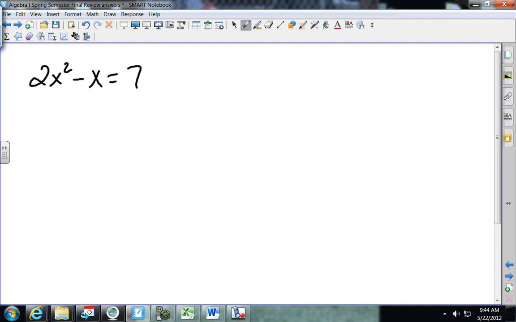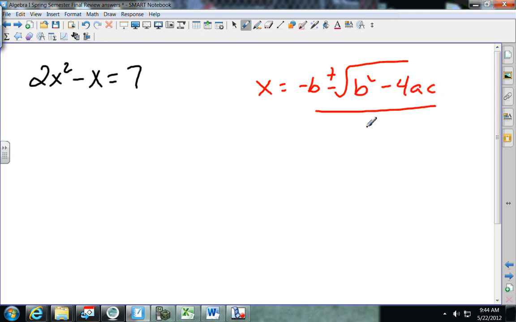Okay, quadratic formula. Remember, x equals negative b plus or minus the square root of b squared minus 4ac, all over 2a.